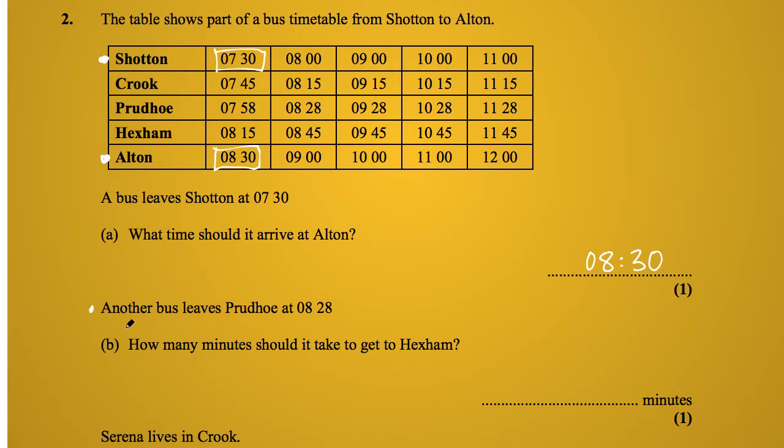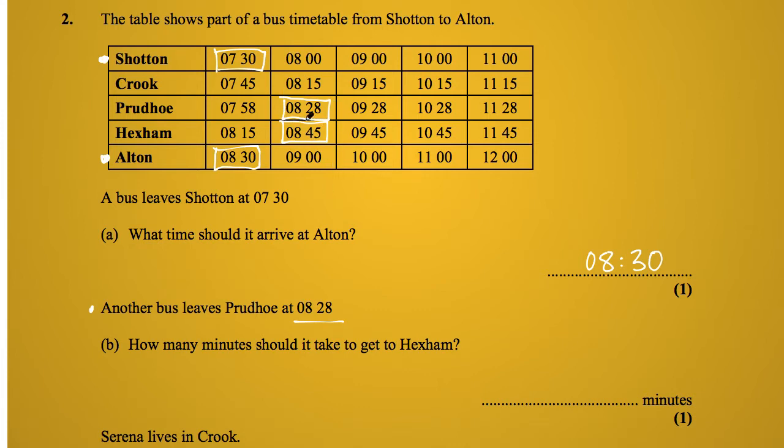Another bus leaves Prudhoe at 08:28. How many minutes should it take to get to Hexham? First, find the 8:28 at Prudhoe in the timetable, which is here. Then when does it get to Hexham? At 8:45.